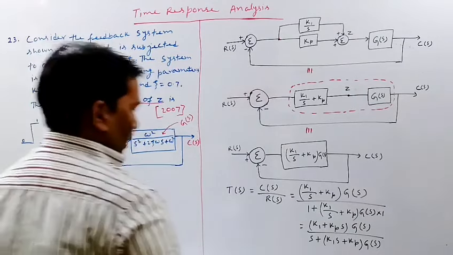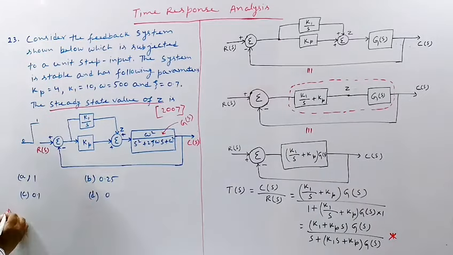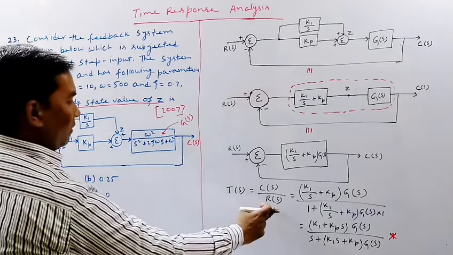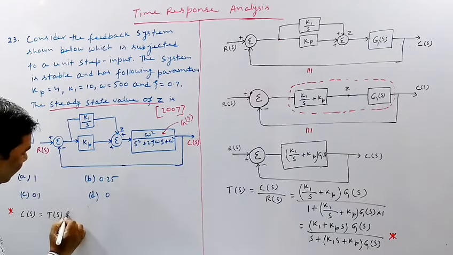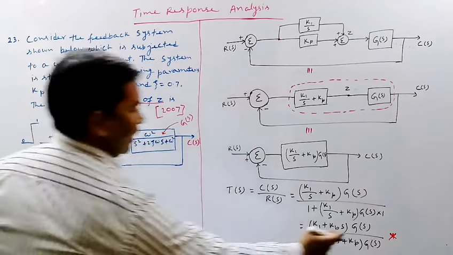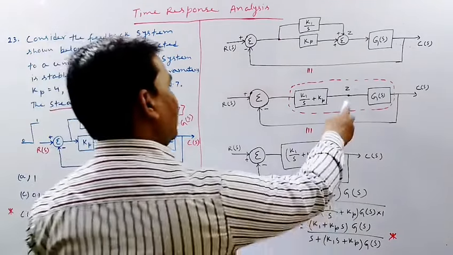Now let me write this side. CS will be nothing but TS multiplied by RS, and we have got TS as this one. And now what will be Z?